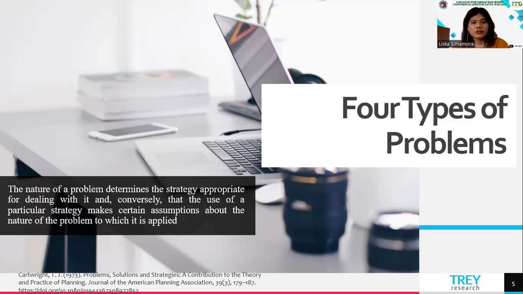The use of a particular strategy makes certain assumptions, so a particular problem will be solved with a particular solution. And it shows us that the problem itself has a nature, right?